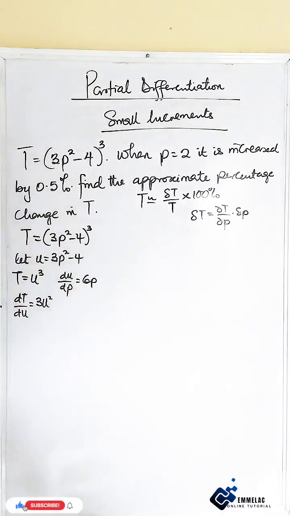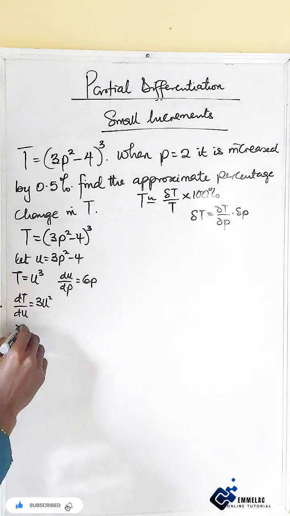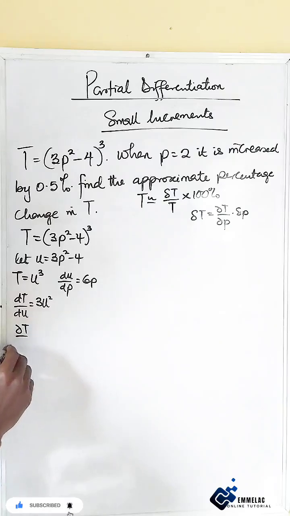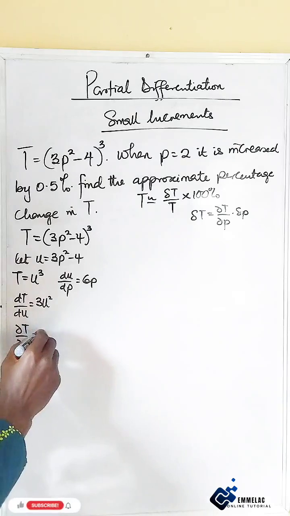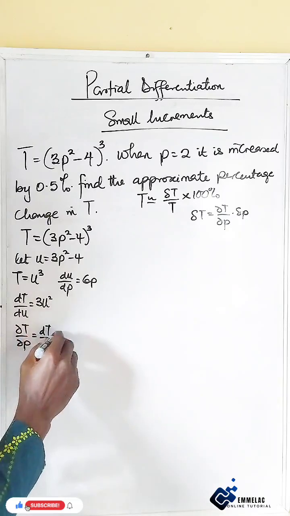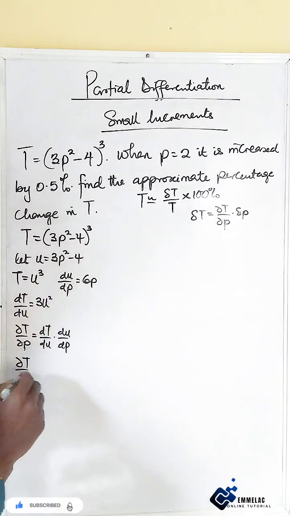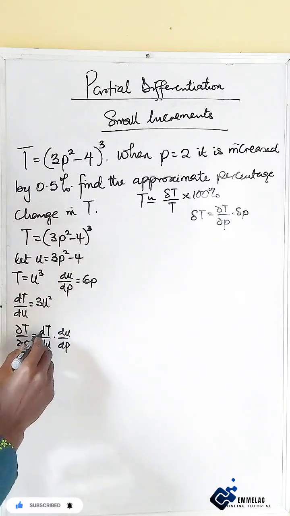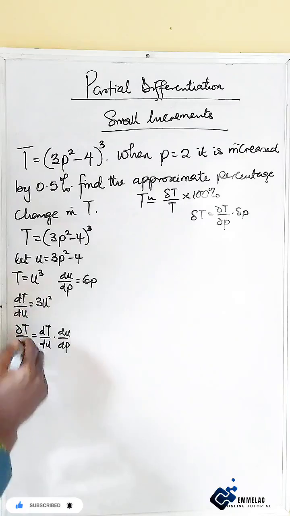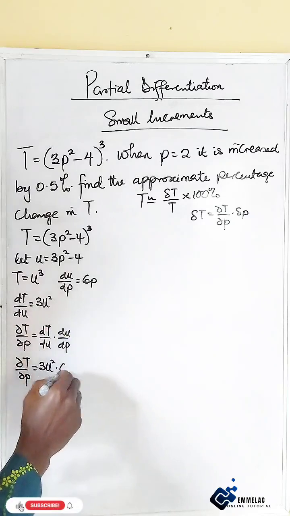So by so doing, the partial derivative of t with respect to p will now be the product of dt over du and du over dp. Here we have 3u² times 6p.